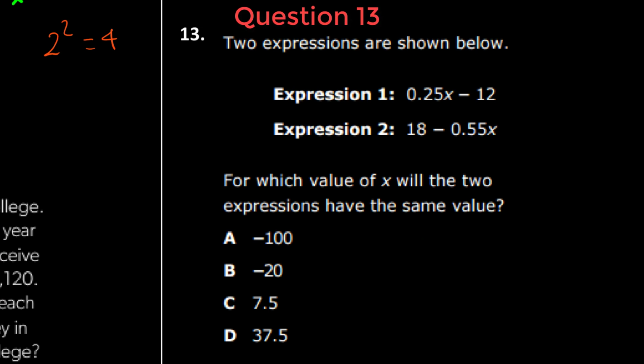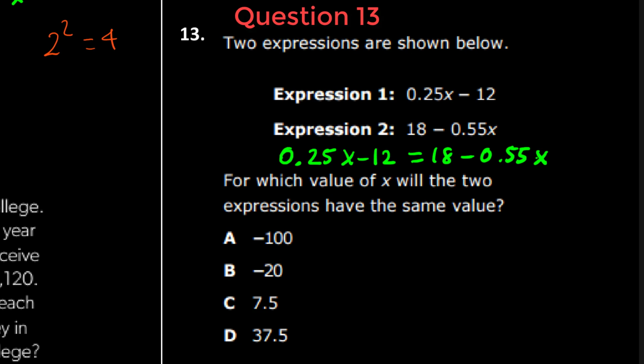Question number 13. Two expressions are shown below. For which value of x will the two expressions have the same value? To find out which x value gives us the same expression, we will write down an equation that makes these two expressions equal to each other. We can easily solve this equation by plugging it into our calculator by using the nSolve function on our TI-Nspire.